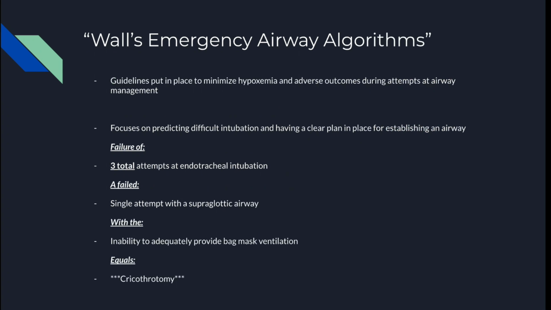So as a group of people performing a resuscitation, if the patient has had 3 failed intubation attempts, it could be 3 different people, it could be 2 people, it could be 1 person completing all 3 attempts. If those have all failed, then we need to progress down the algorithm, and what we move to next would be that supraglottic airway.